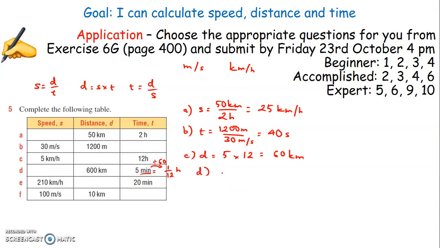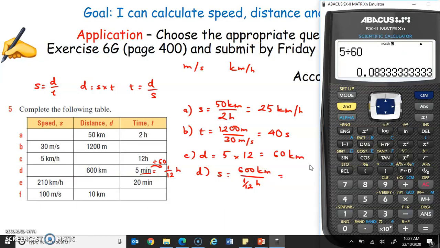So for D here, we want to find speed. Speed is 600 kilometers, so distance, over the time. Now I'm going to use the 1/12 hours.